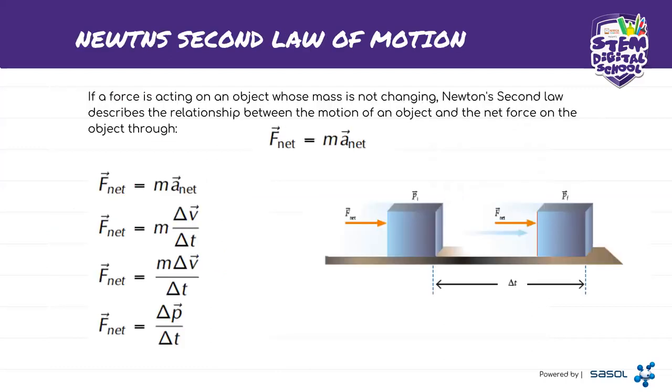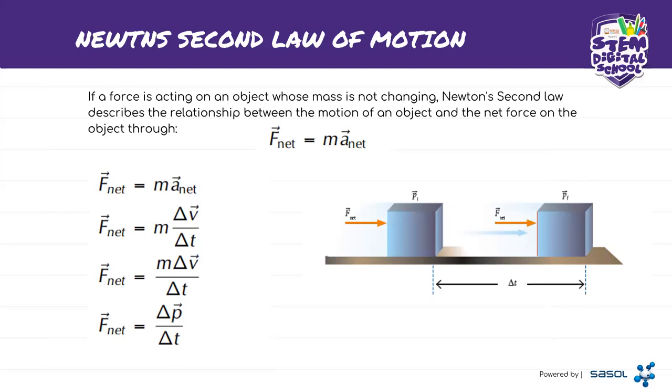Then we move on to Newton's second law of motion. It says if a force is acting on an object whose mass is not changing, Newton's second law describes a relationship between the motion of an object and the net force on the object through this equation. Okay, so this is an equation that you've been working with.